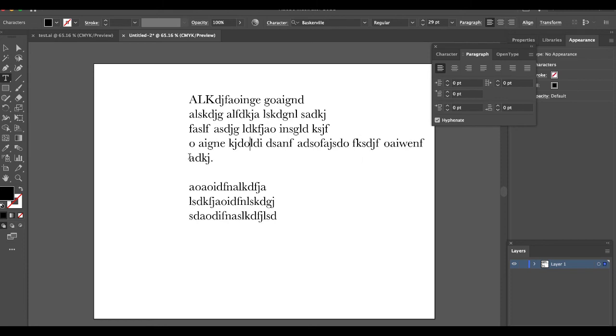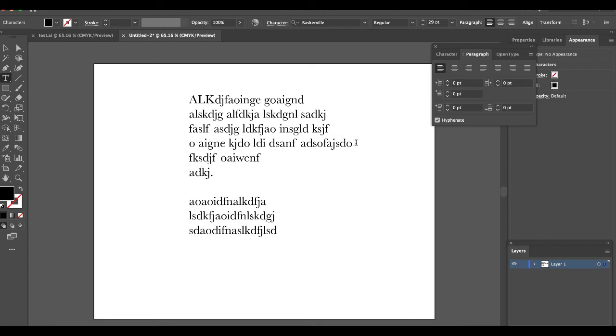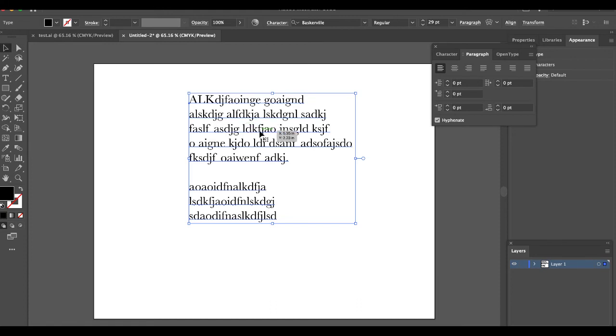Let's see if I do something like this. Now I've omitted the orphan at the bottom, and I've cleaned up my rag. It's never going to become perfect. That's not the point of this. It's just thinking about it as a design and how it works best.